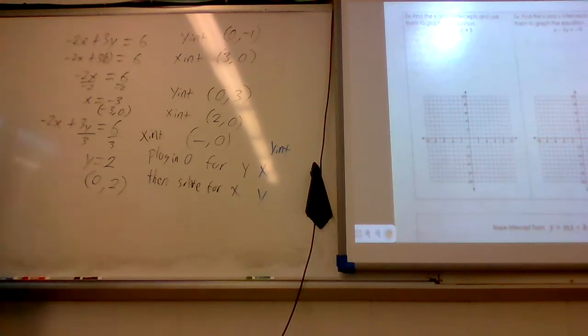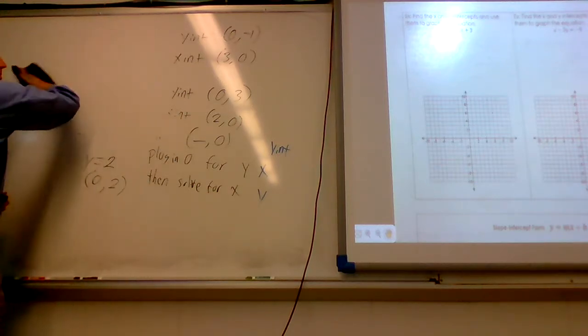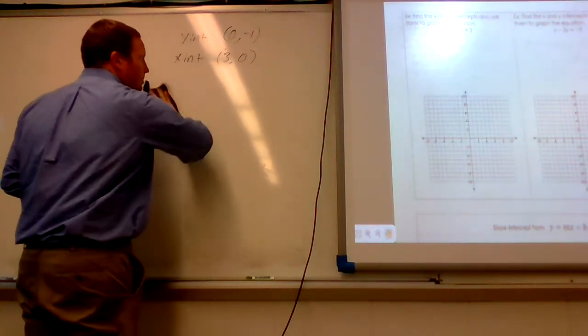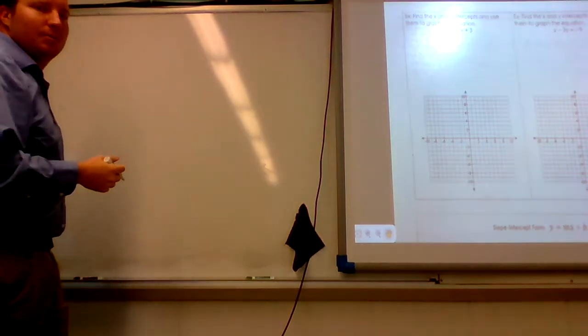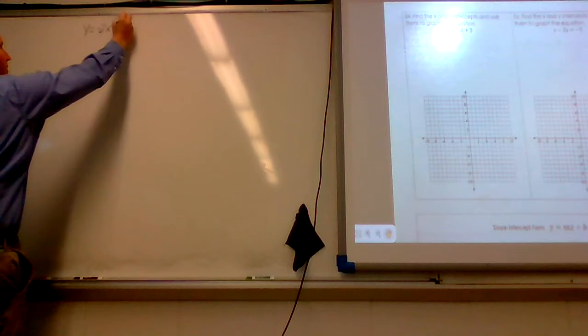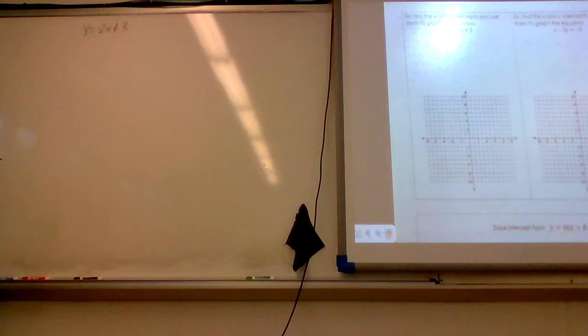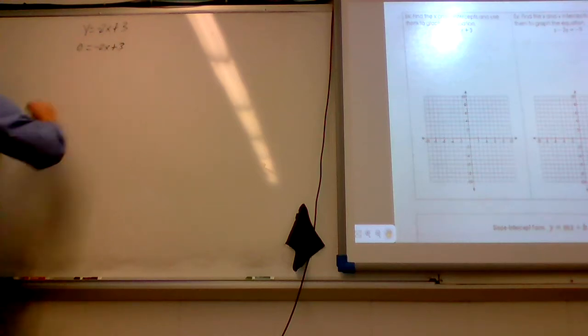So let's look at our next examples. It says find the x and y-intercept, and then use them to graph the equation. So our first equation, we have y equals -2x plus 3. We can find our x-intercept first by replacing y with 0 and then solving for x.